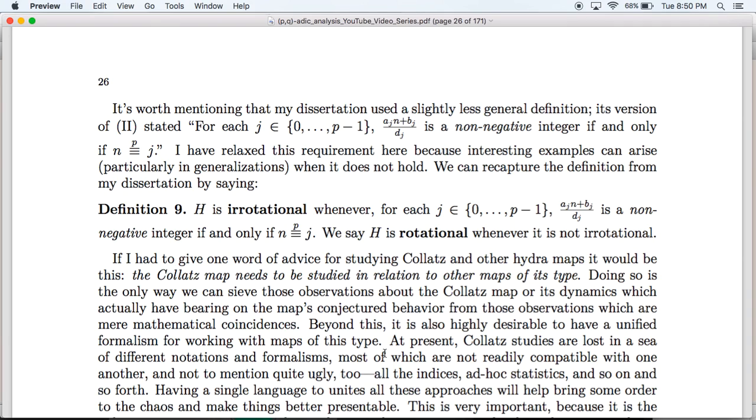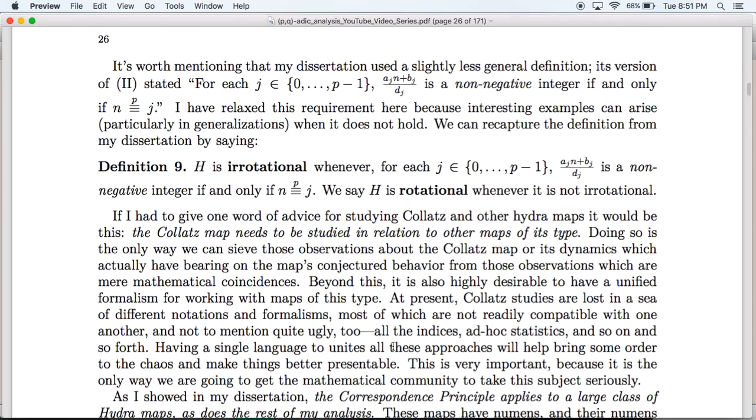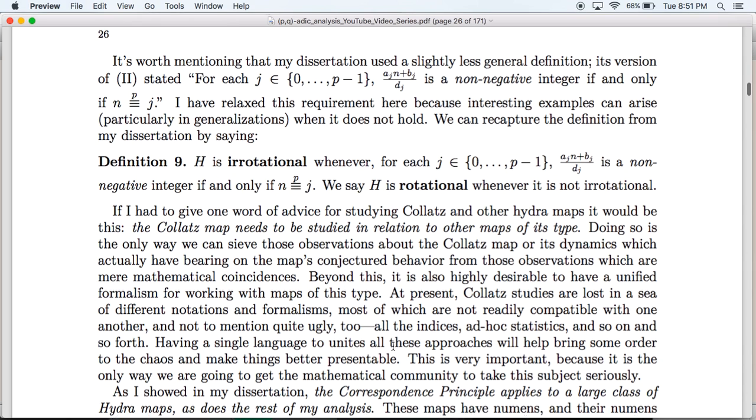To make matters worse, we'll have the cranks who will come in, claim they've invented some completely new theory of math using pictures or beads or tiles or whatever, and it's very difficult to negotiate all this. And part of the reason why Collatz studies languishes in the mathematical ghetto is that there's no unifying formalism and everyone's wasting their time studying just the classical Collatz map, when what we really needed to do is build a theory that works for all of them.